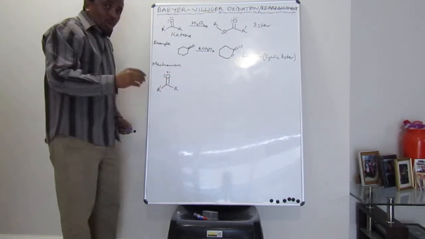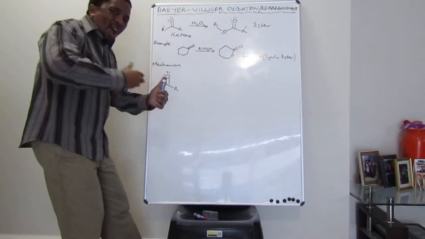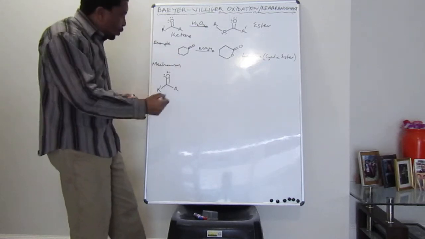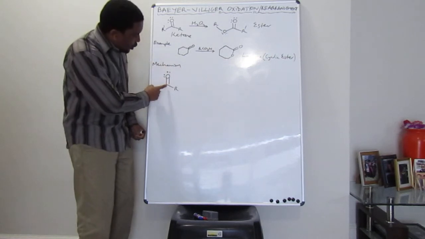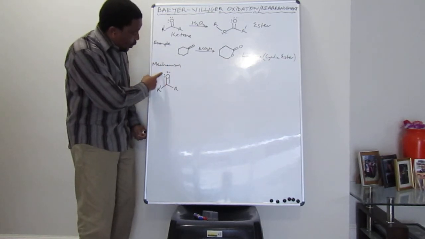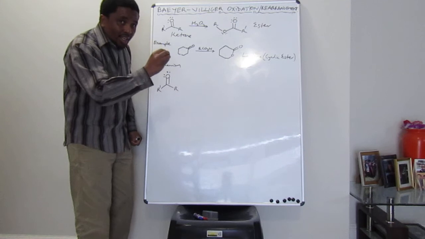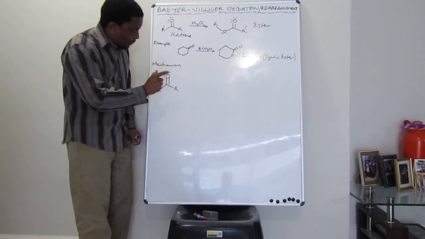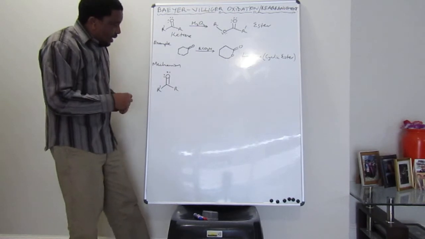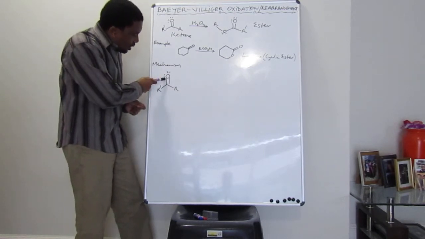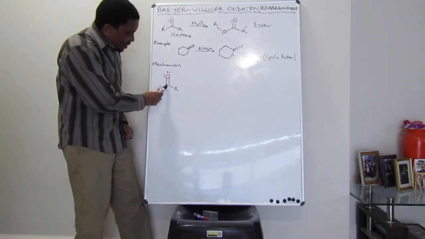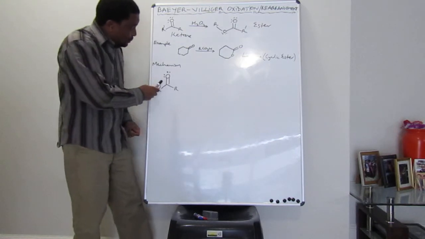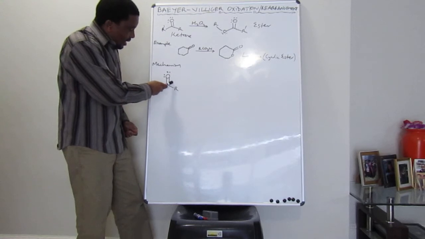As organic chemists, we are always interested in our functional group. The functional group here is the C double bond O that depicts a ketone, so that's where we need to be looking. The oxygen atom and the carbon atom are bonded together via a sigma bond and a pi bond.